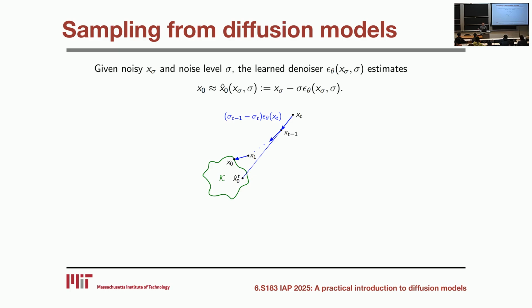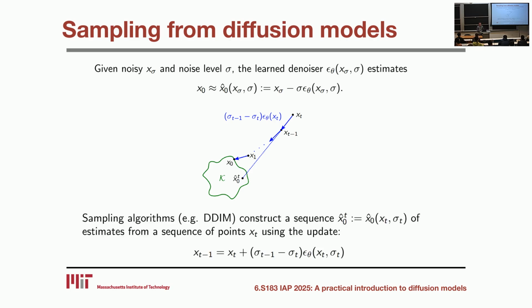In a nutshell, at xt, if you predict X0 hat, you get close to the mean of the data, but you don't want to move all the way to X0 hat. You want to move a small amount, and then call the denoiser with a smaller amount of noise. This is taking an iterative approach and slowly reducing the noise level, taking multiple steps to get closer and closer to the data manifold.